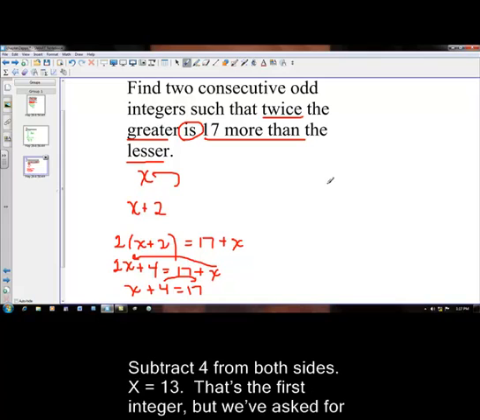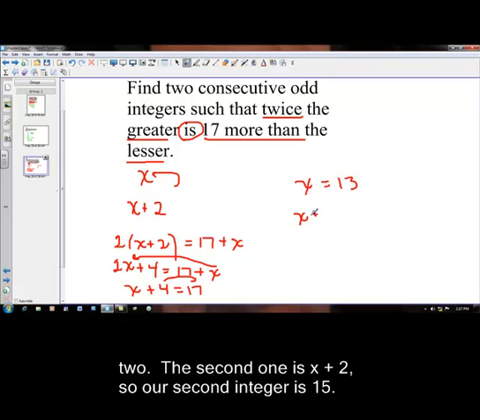Subtract the 4 from both sides, and we'll have x equals 13. Now that's the first integer, but we've been asked for 2. The second one is x plus 2, which would be 13 plus 2, and that's going to give us 15. So our second integer is 15.